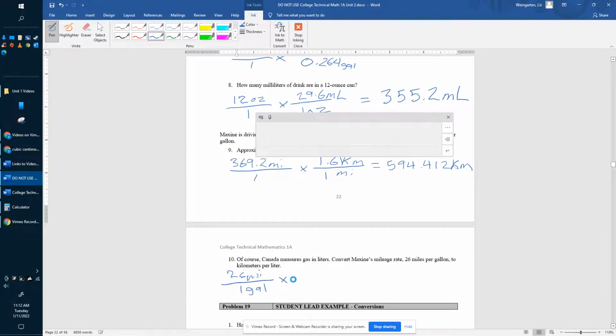Let's convert miles to kilometers first. So we're going to need miles on the bottom and kilometers on top. There are 1.61 kilometers in a mile.